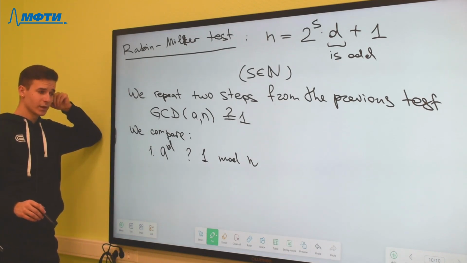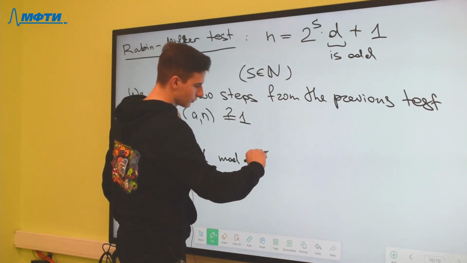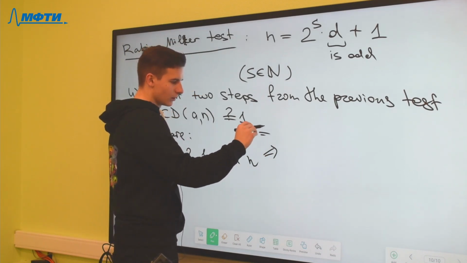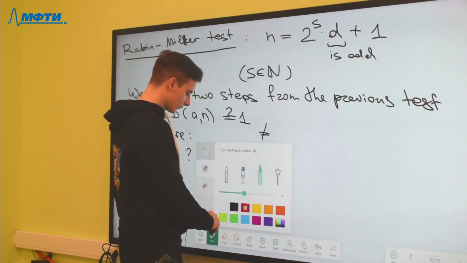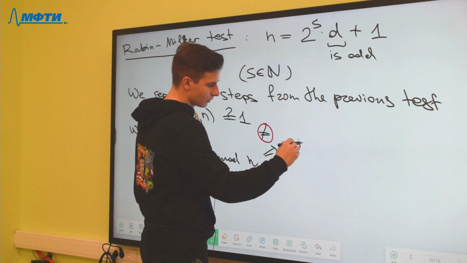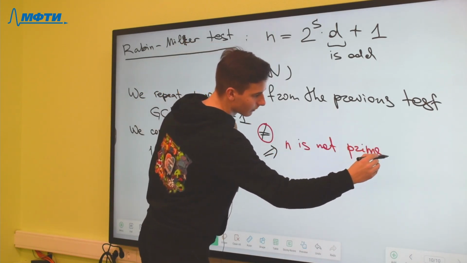And if a to the power d is not equal, so we say that n is not prime.